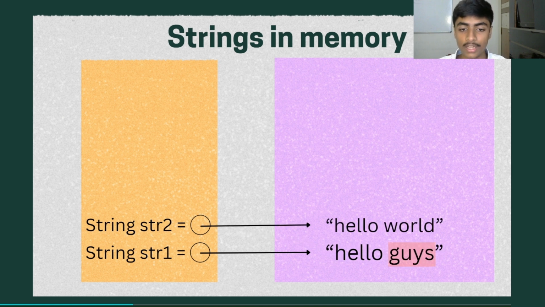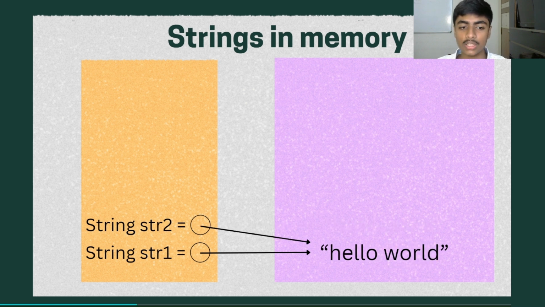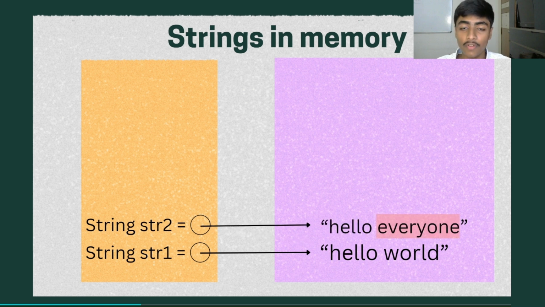You notice that it doesn't change for both the strings. str2 remains pointing towards the original string, but str1 forms a different string called hello guys. Now what if we change str2 instead of str1? The same thing happens. If I change str2 to something like hello everyone, str2 now points towards a different string, hello everyone, but str1 remains pointing towards the original string. And we'll see if this actually works in a program.